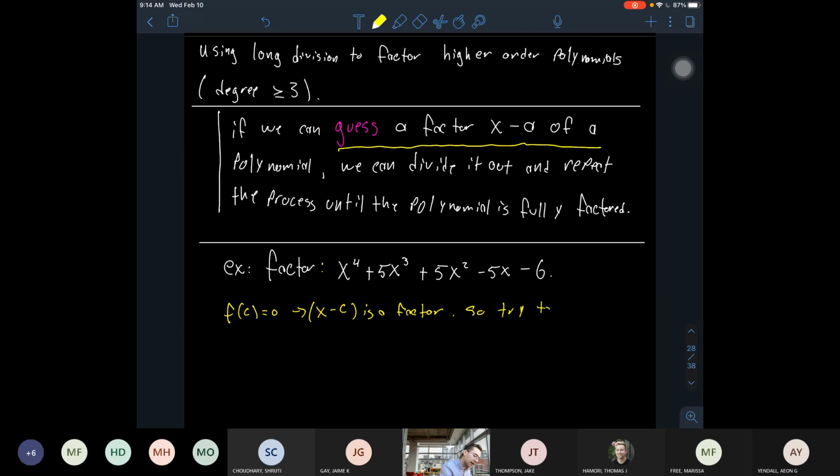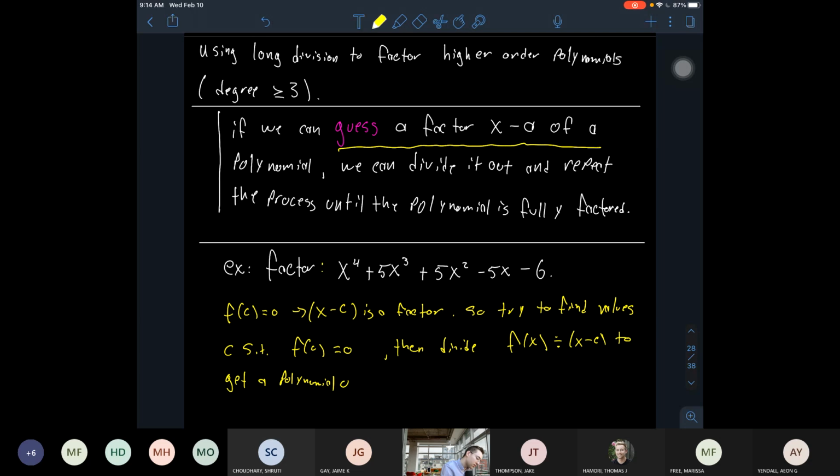So we try to find values c such that f of c is equal to 0. Then divide f of x by x minus c to get a polynomial of degree 1 less.